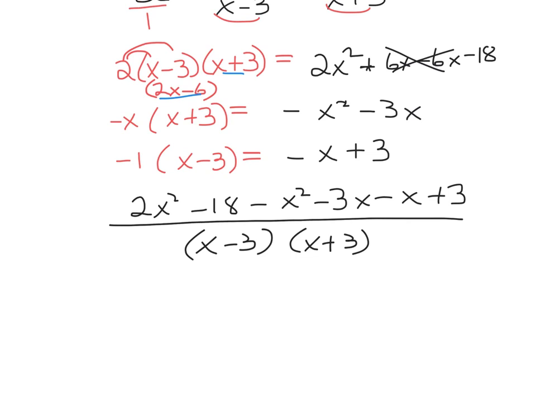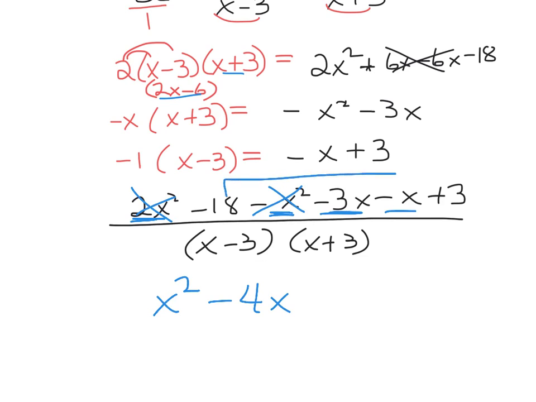I now need to simplify the numerator. So notice I have a 2x squared minus x squared. So this can give me x squared. Now I'm going to look for my x terms. I have a negative 3 and a negative 1, giving me negative 4x. And then the negative 18 plus 3 is minus 15.